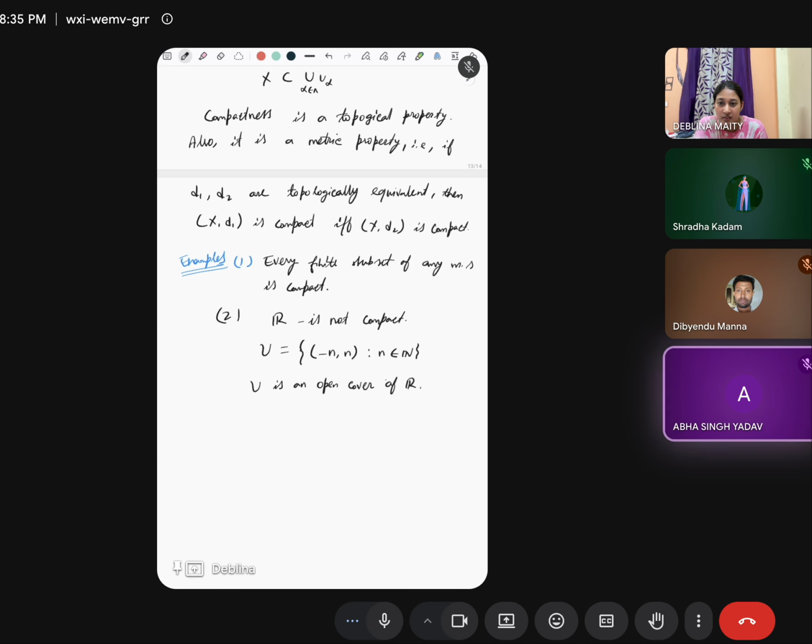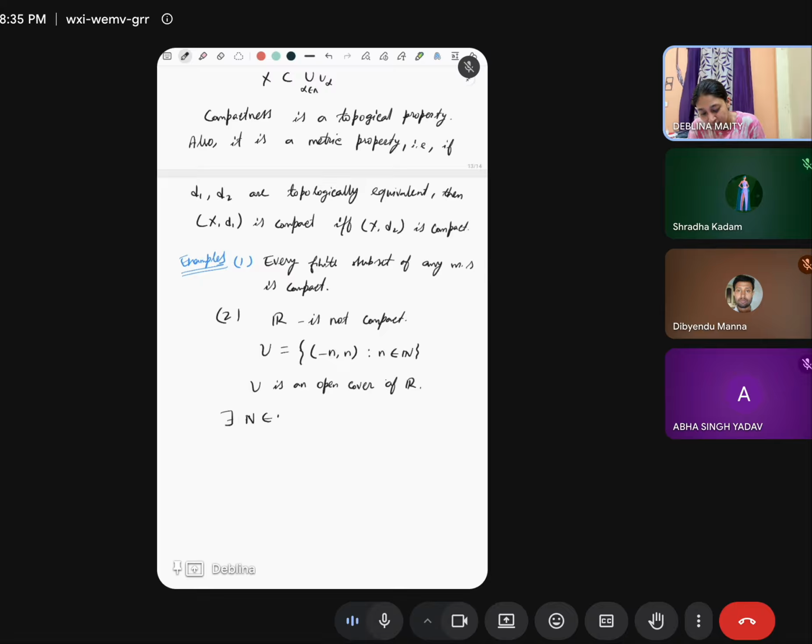No, because if we take a finite subcover, then there must be some n belonging to the natural numbers such that R is contained in the union of the intervals (-n, n) for n from 1 to N, which is nothing but (-N, N).